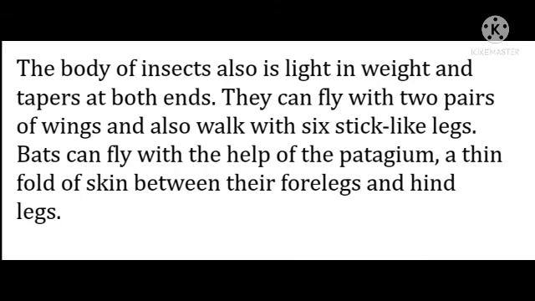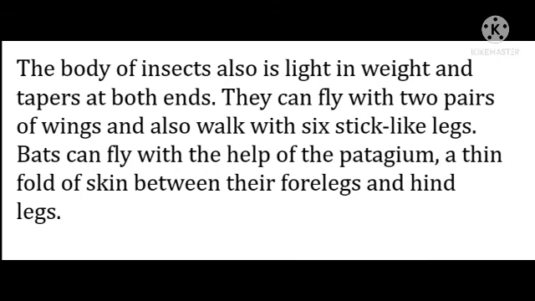That means the body of insect is also of spindle shape, which tapers at both the ends. They can fly with 2 pairs of wings. They also walk with 6 stick-like legs. The legs are like a stick, and they have 6 legs. Hence, insects can also fly.